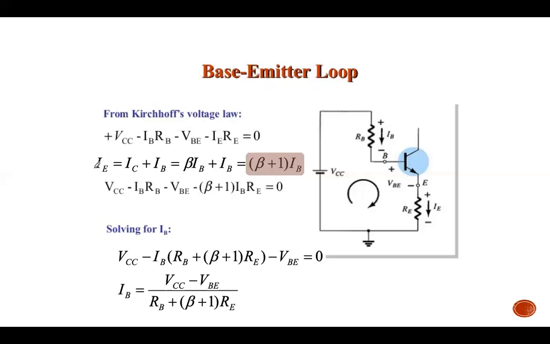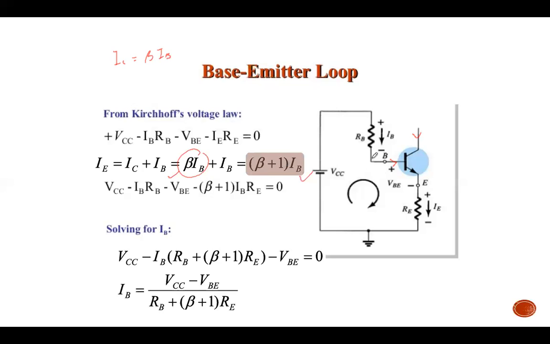Remember, for this configuration the current direction is like this. You know that IE equals IC plus IB, and the collector current IC equals beta IB. So you get beta IB plus IB, which equals beta plus 1 multiplied by IB.